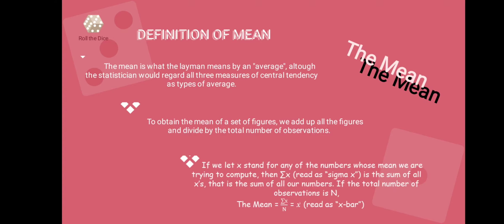If we let x stand for any of the numbers whose mean we are trying to compute, then sigma x is the sum of all x, that is, the sum of all our numbers. If the total number of observations is n, then the mean, sigma x per n, equals x bar.